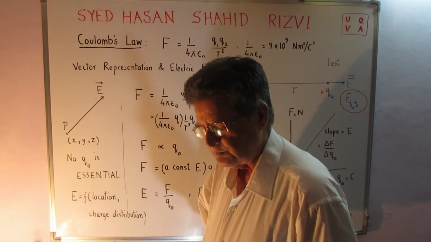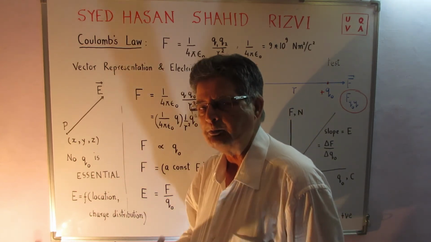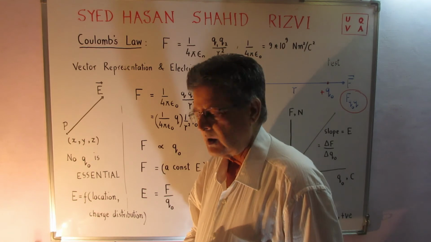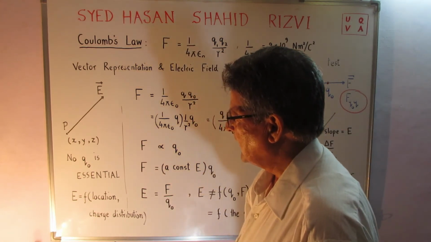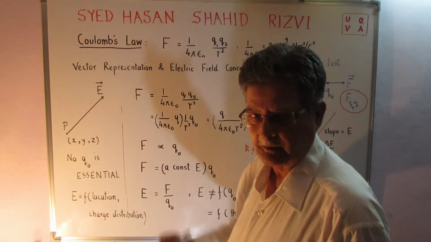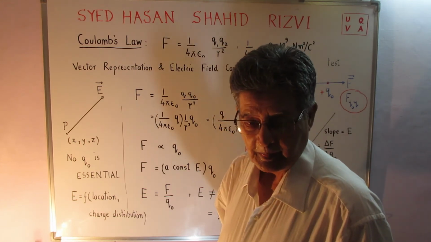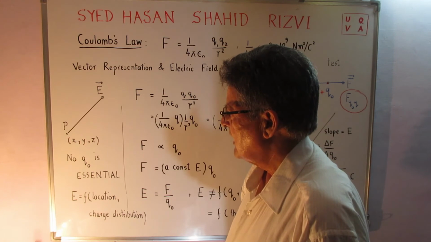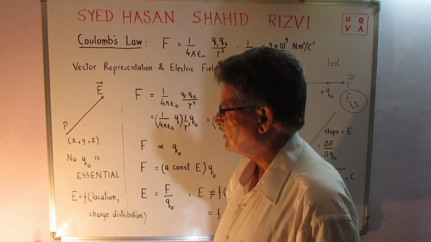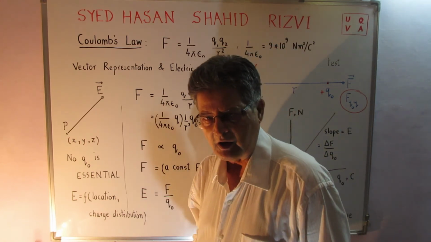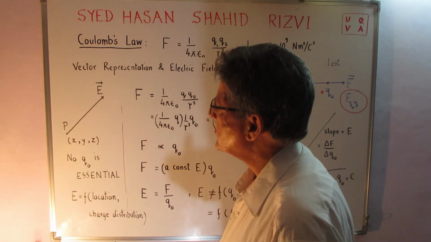I can tell you, this is a concept, a beautiful concept. It is not physical, but it is very effective and helps us understand the electrical systems, the magnetic systems, etc. easily.